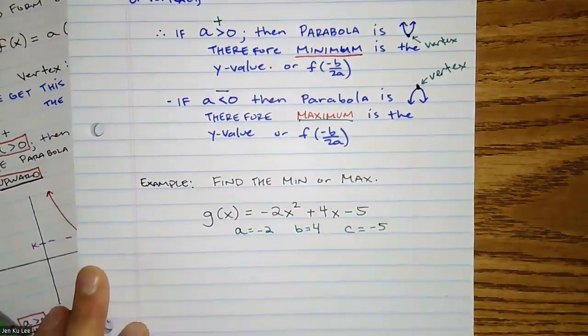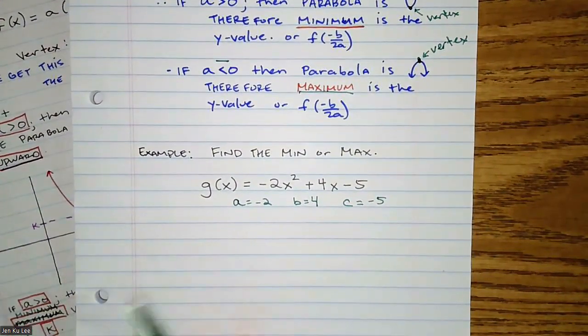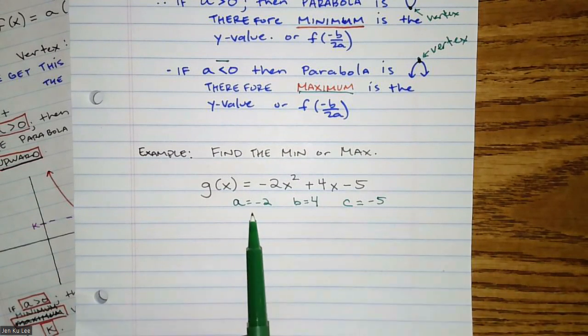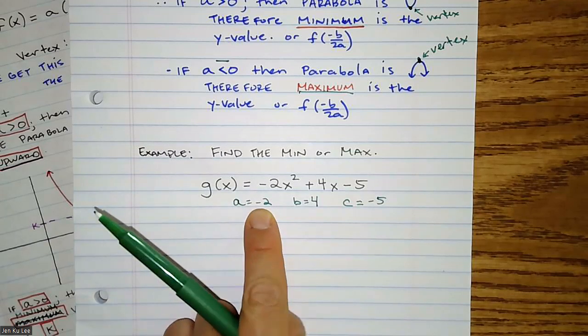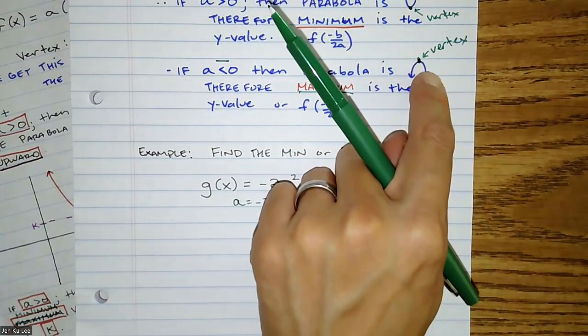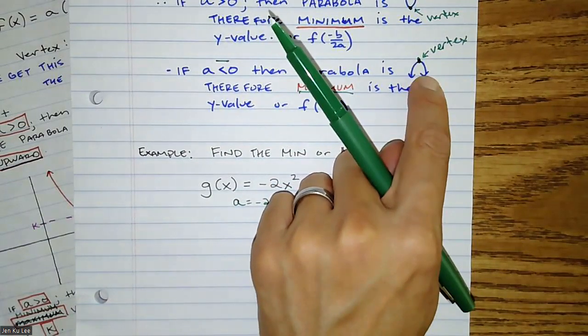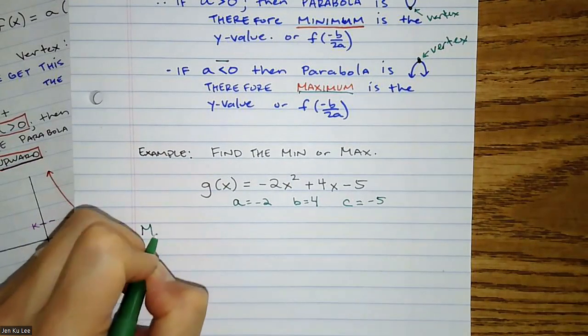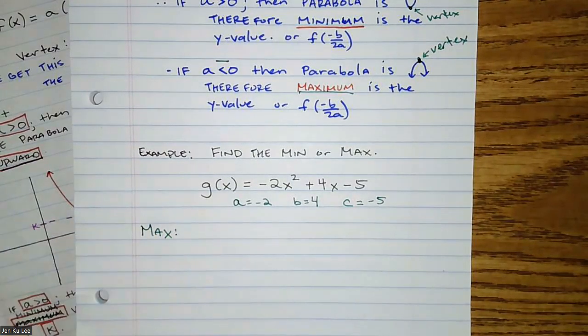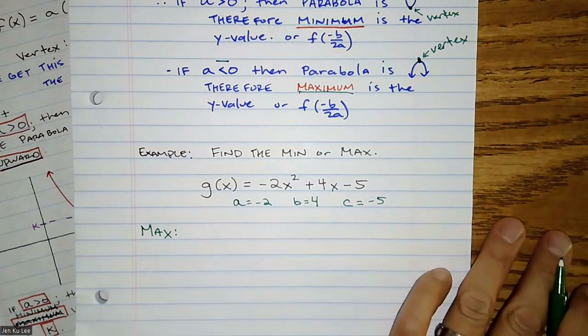All right? So here's the train of thought. I have to find the minimum or maximum. I have my A, my B, my C value. My A value is negative, right? So if it's negative, then I know it's going to be like this, correct? So that point right there is my maximum. I know I have a maximum. I'm not going to find my minimum. I'm going to find my maximum.